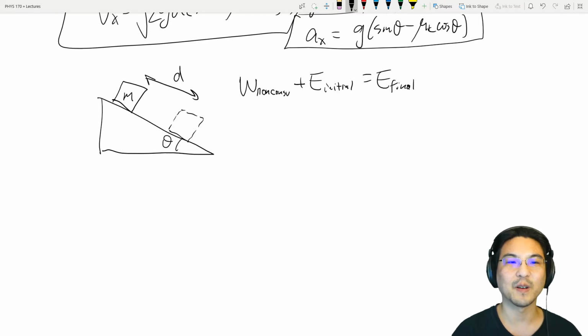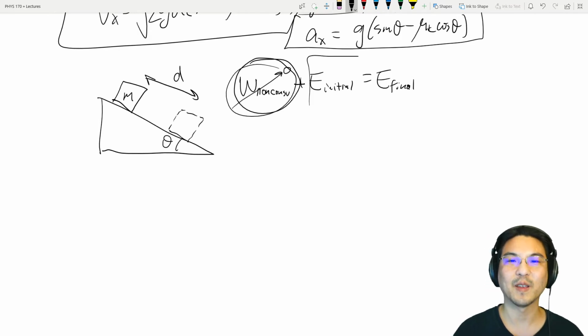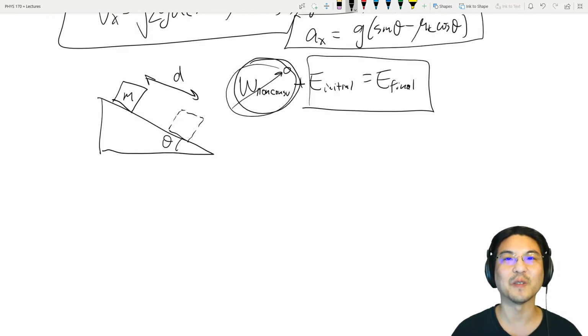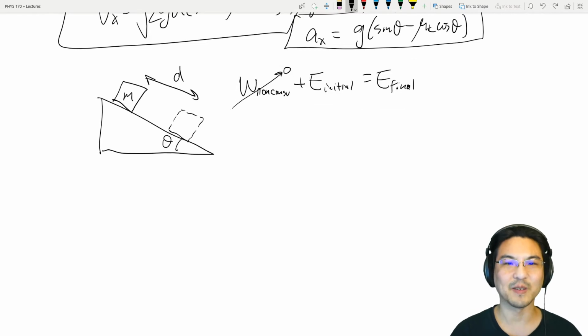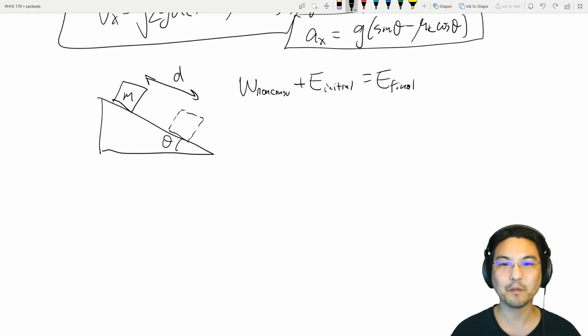If there were no friction, then this would be 0. So there wouldn't be any work by friction, which is a non-conservative force, and then energy would be conserved. It would be constant. But because there's friction, we do have work by friction, which ruins our energy conservation.